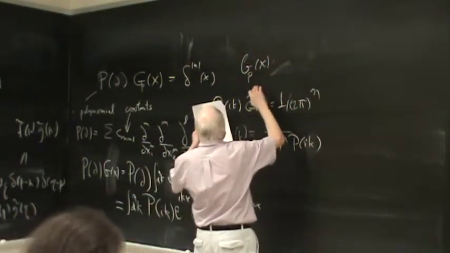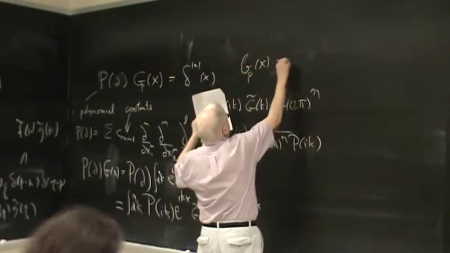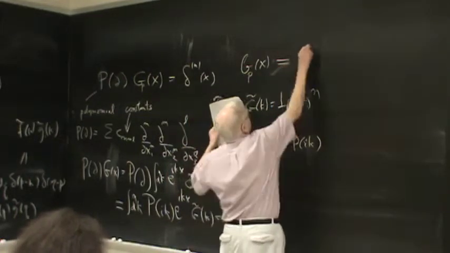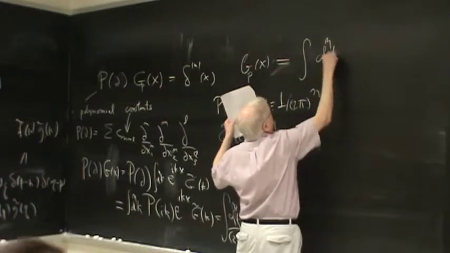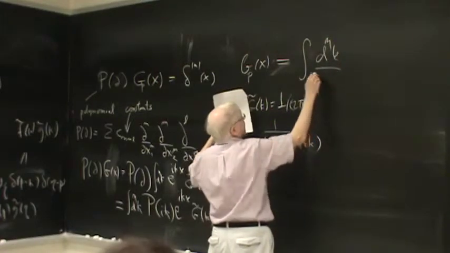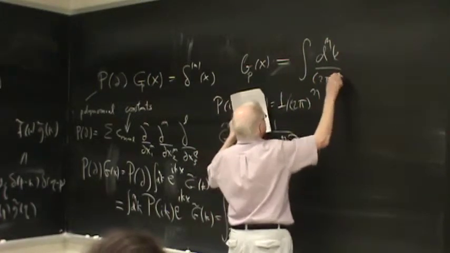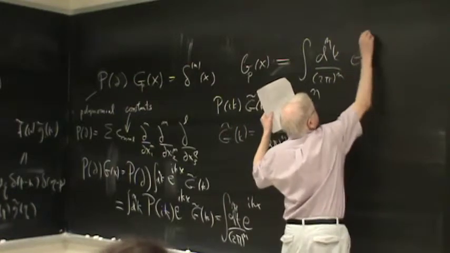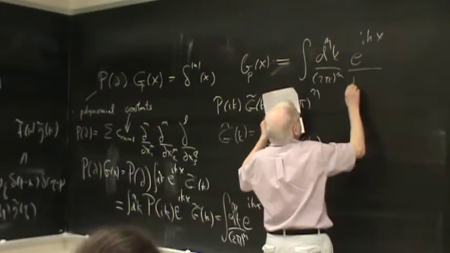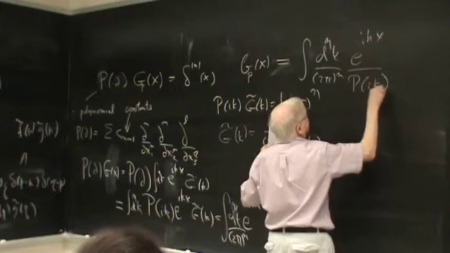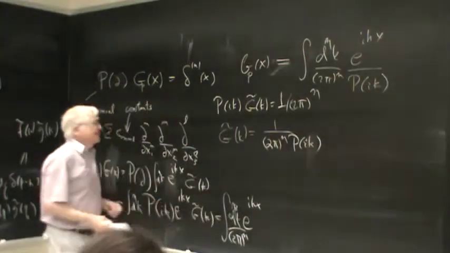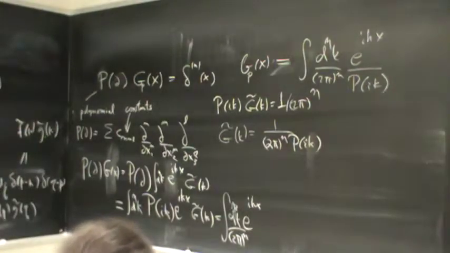But let's avoid that detail for the moment. d^n k over 2 pi to the n, e to the ikx, and it'll be the polynomial of ik. Okay, so that's the general formula.